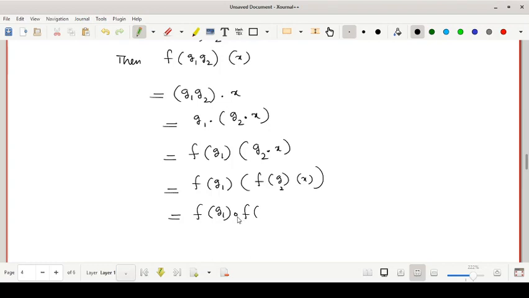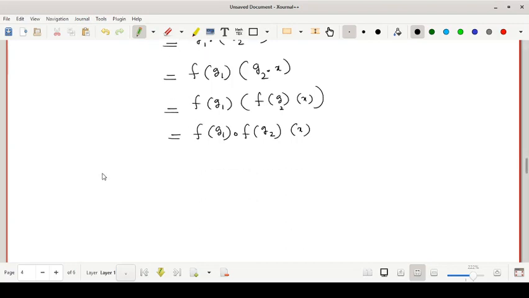I need not write compose because for permutations we don't use it, but still I am writing it to avoid confusion. F g2 of x. Since x is arbitrary, these two functions must be the same. Therefore, F of g1 g2 must be equal to F of g1 compose F of g2. Therefore, F is a homomorphism.